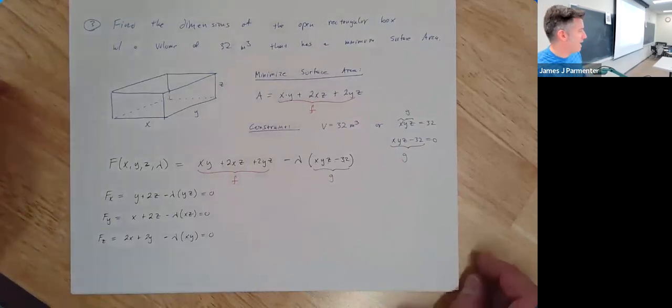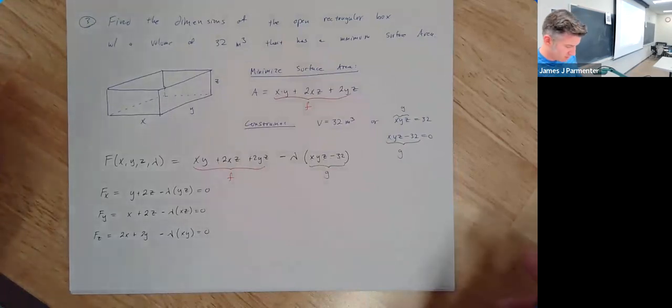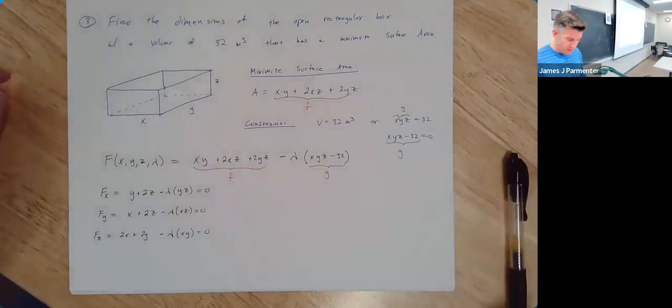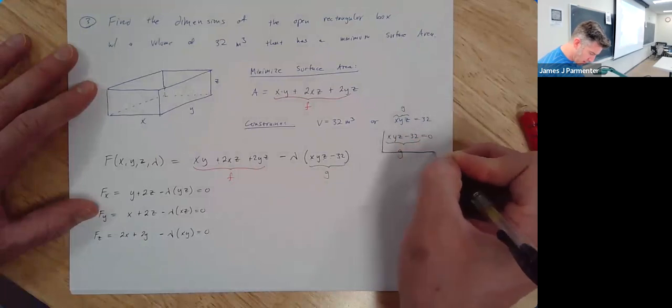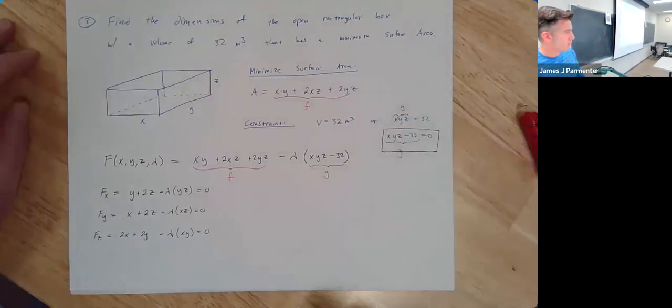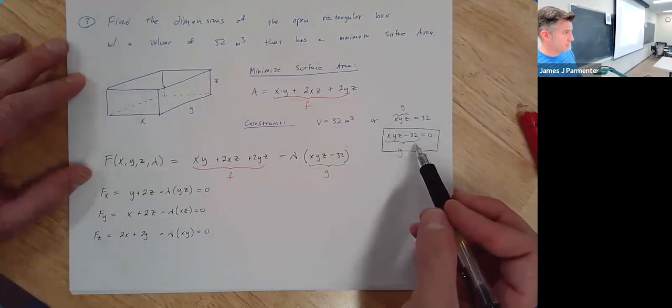And you might notice I am not writing down F_lambda because I know it's just the constraint. Eventually I'm going to need to plug in x and y or whatever into this formula here. This here, that's our g, that's our constraint.